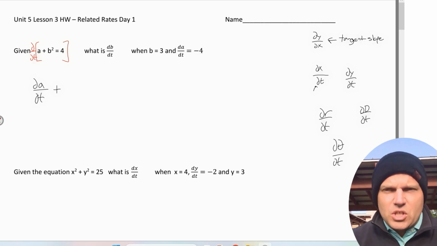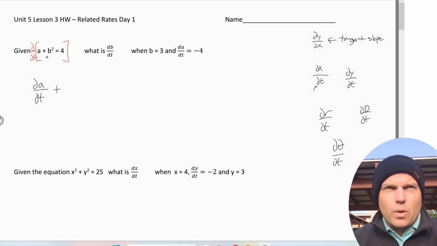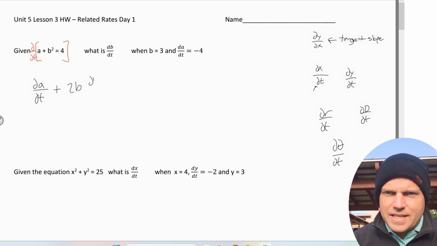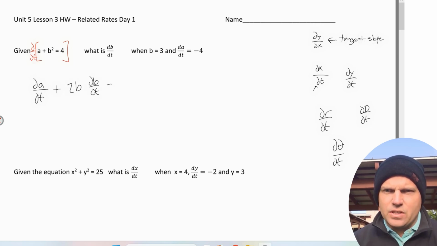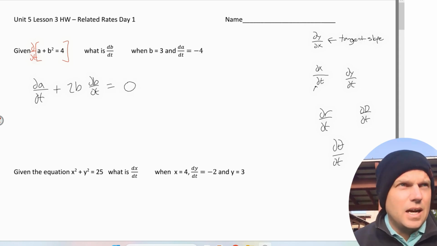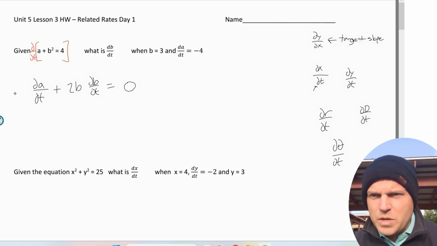The derivative of B squared is like the derivative of x squared. It'll be like 2x, so it's going to be 2B, but we will have a dB dt after this. The derivative of 4 is still 0. There's nothing crazy about that. There's no d something dt after that. And we now have a change equation.